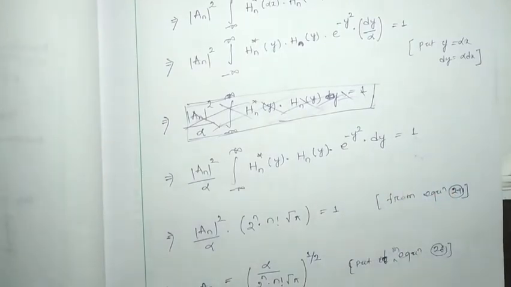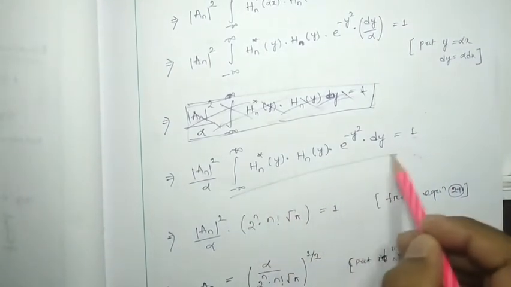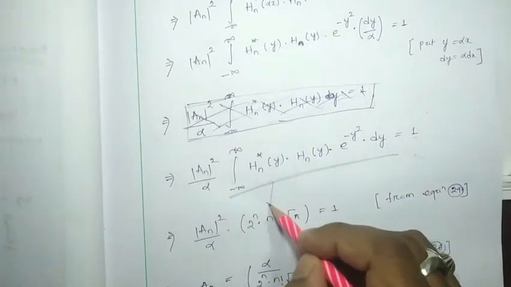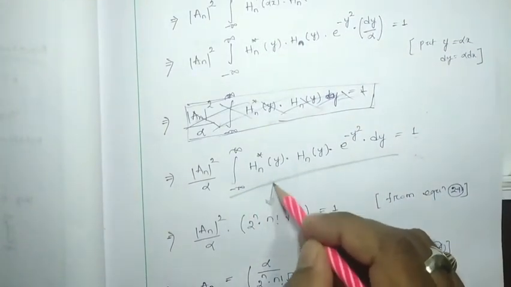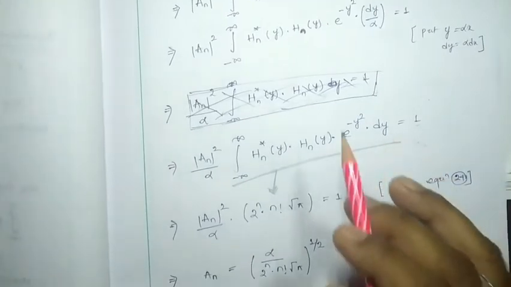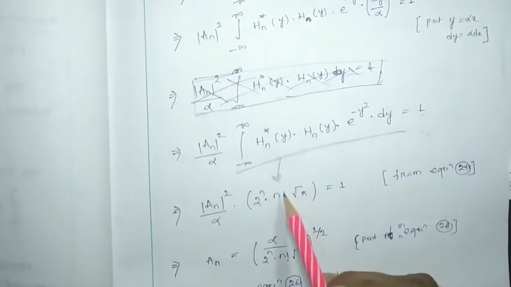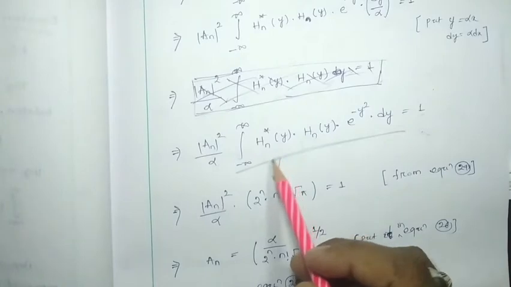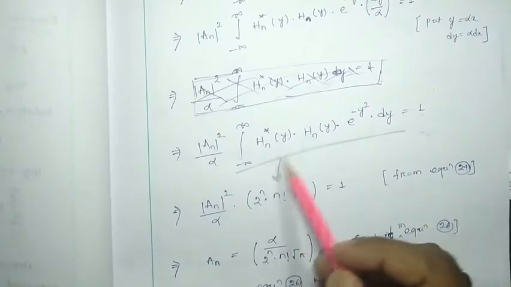This integration value can be found by using the gamma function. I am going to show you for one or two n values.